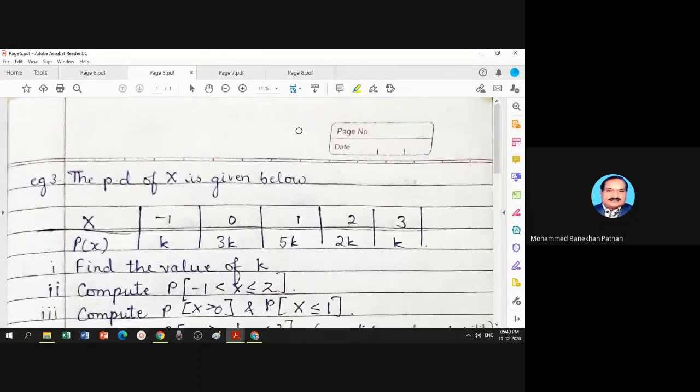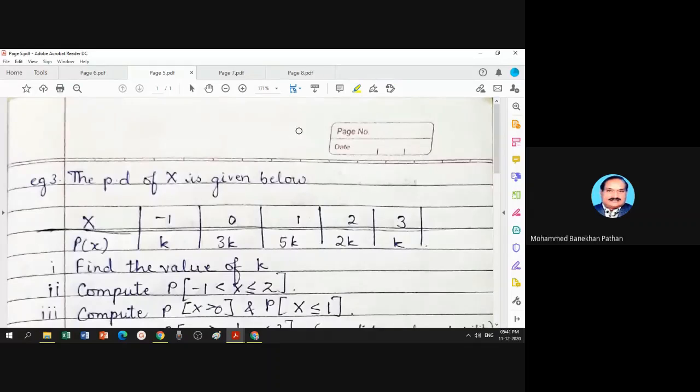I explained the limitation: if I toss a coin 6 times or more, the number of outcomes tremendously increases, and it becomes difficult to study probability. That is the basic reason why we go for univariate probability distribution.